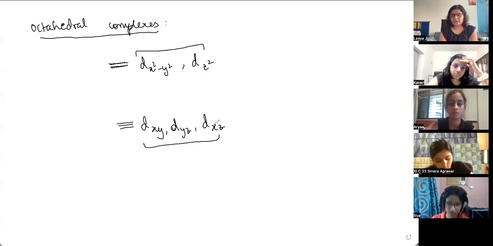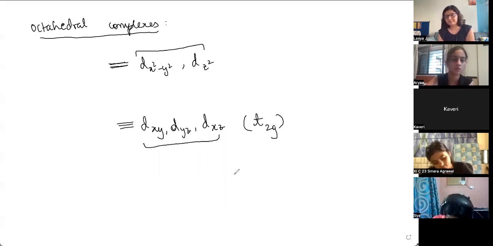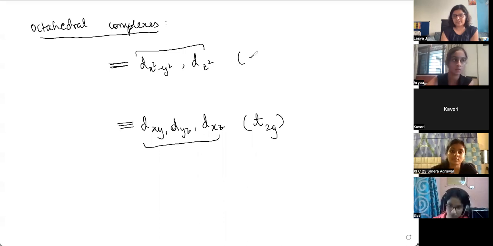This set of orbitals, dxy, dyz, dxz, are called T2g orbitals. So this set is given the name T2g, and this set of two orbitals is given the name Eg.